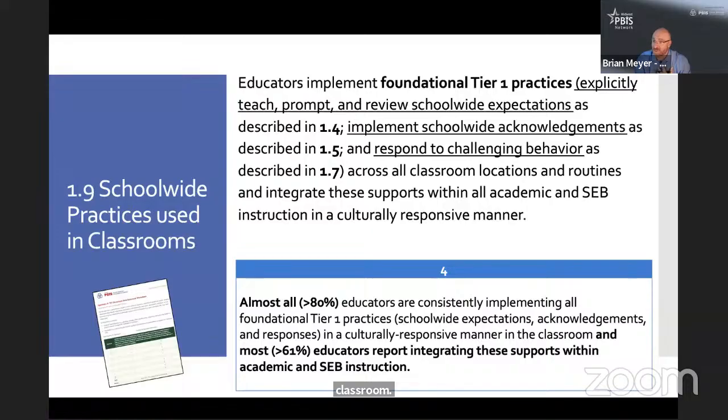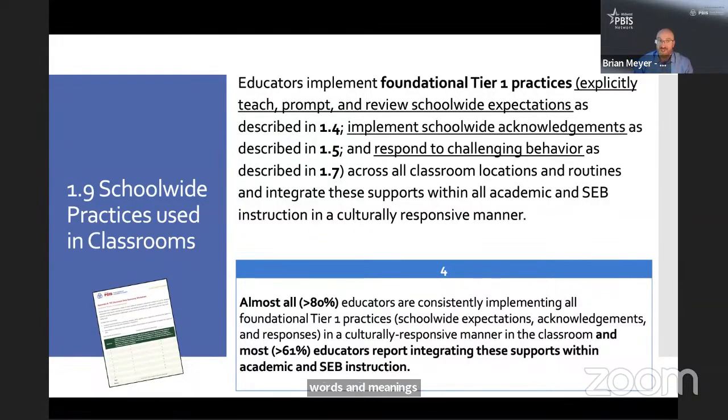I think that this was one of the most impactful pieces. The old tool, to me, was inconsistent in how it referred to the core practices of PBIS. If you're like me and you really wordsmith the heck out of it, it interchanged some different words and different meanings at times. So we made sure that the new tool was consistent throughout.